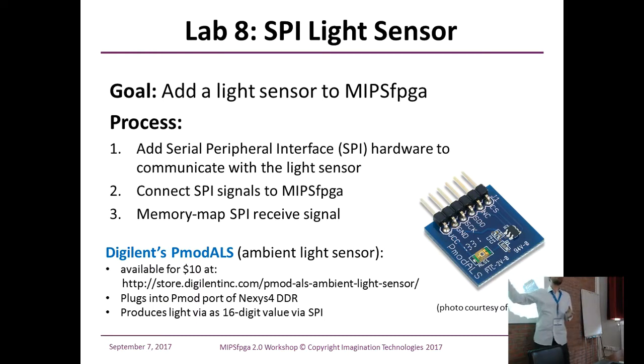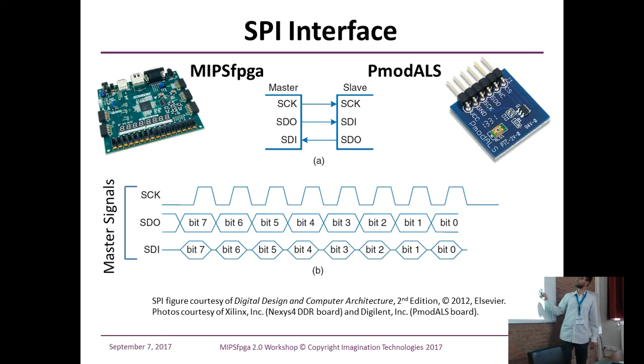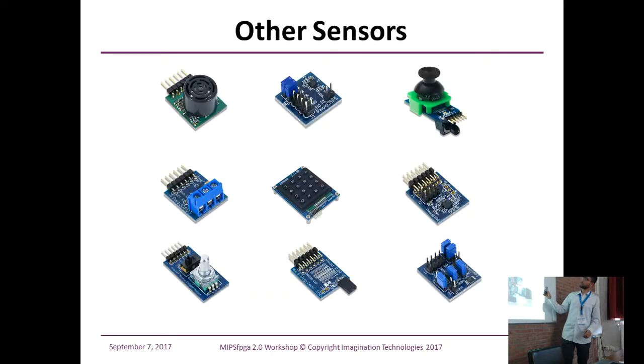So a Verilog module for SPI, because you need a memory mapped I/O connection. We have some software for SPI, how to access it, go back and forth, and so on. Now this is a standard format.